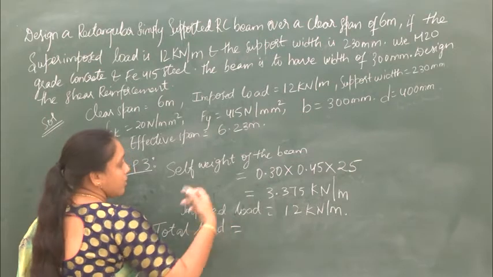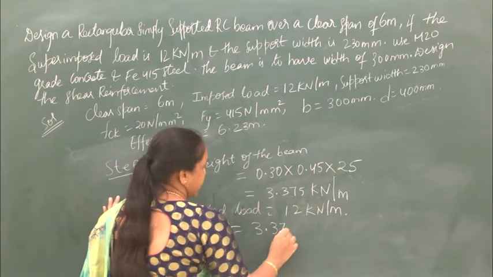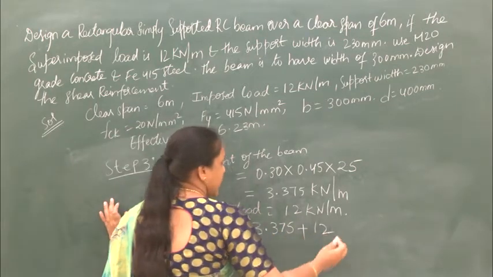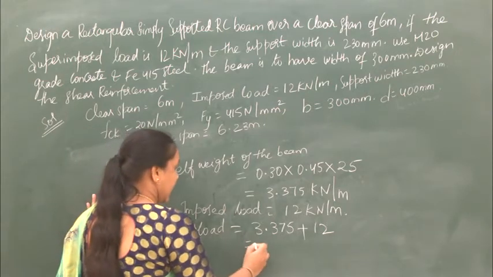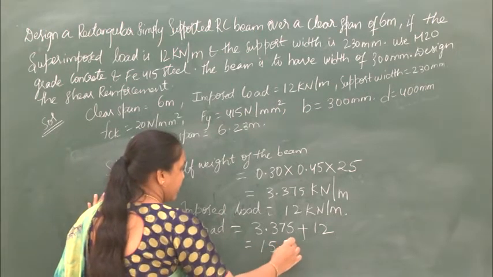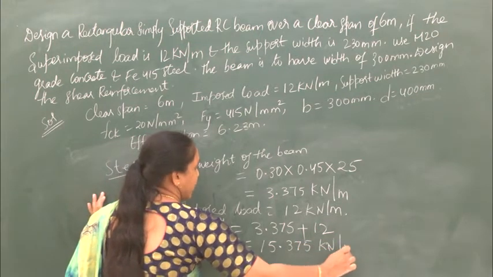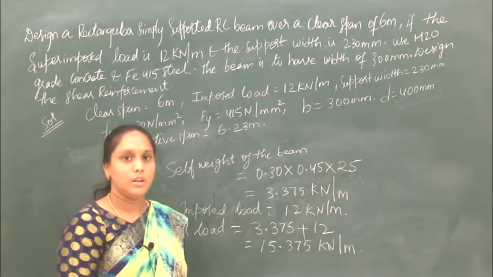The total load will be the self weight of the beam, which is 3.375, plus the imposed load, which is 12 kilonewton per meter. So you will get a total load of 15.375 kilonewton per meter.